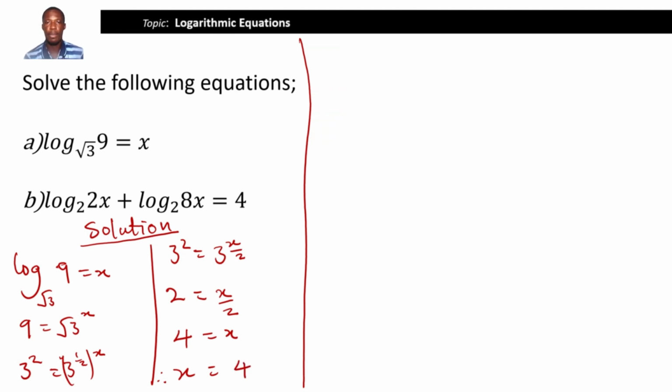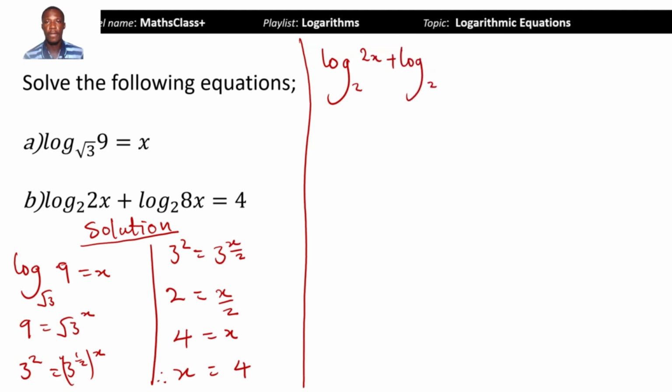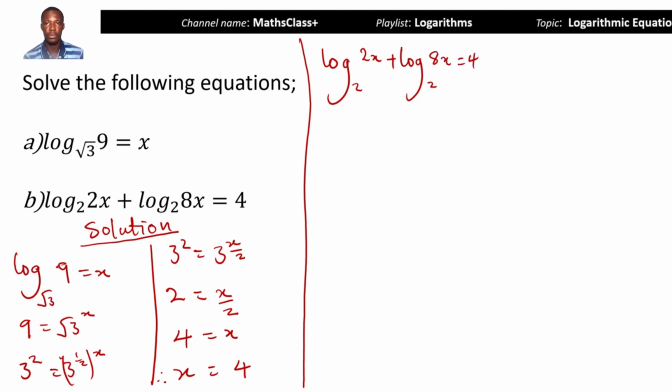Now the second example, I have log to the base 2 of 2x plus log to the base 2 of 8x, and this expression is equal to 4.